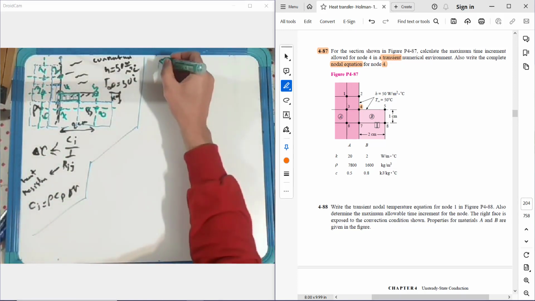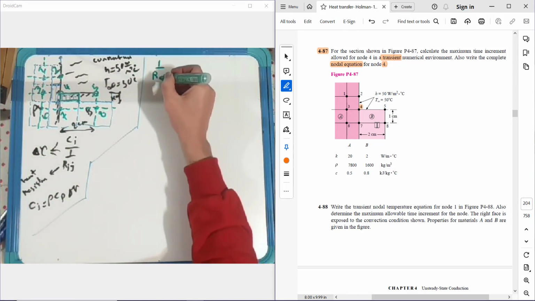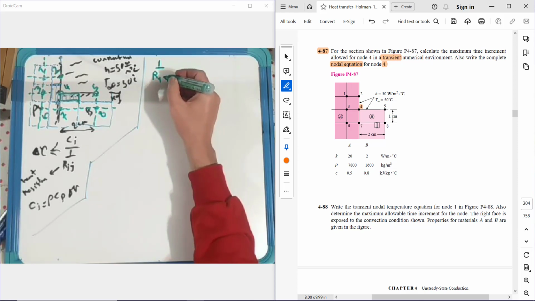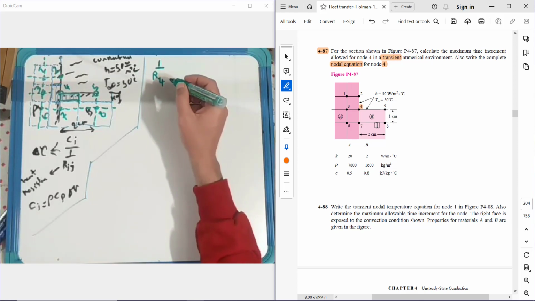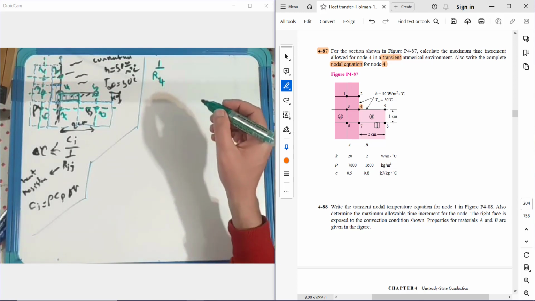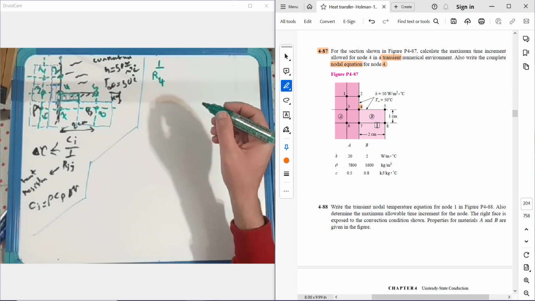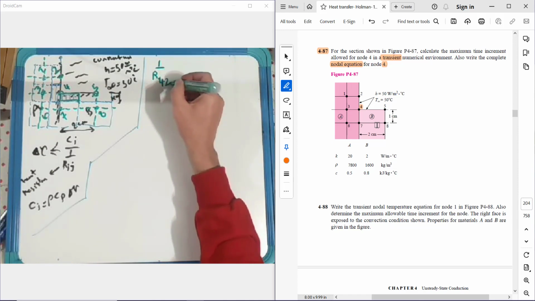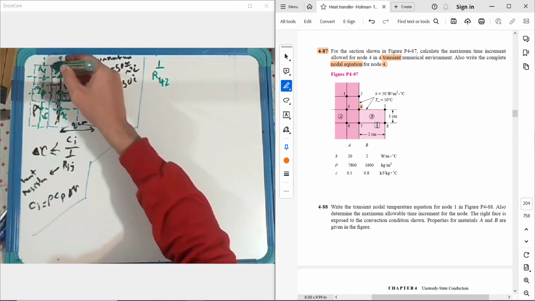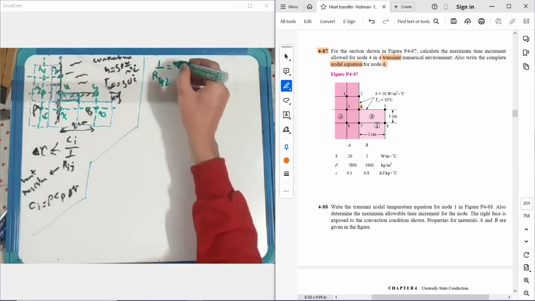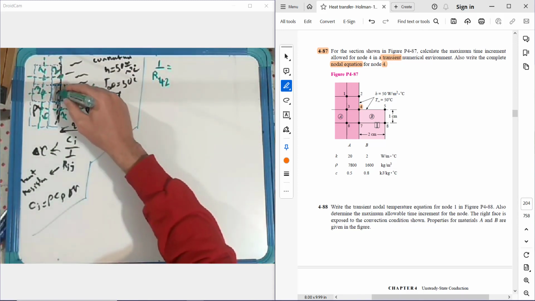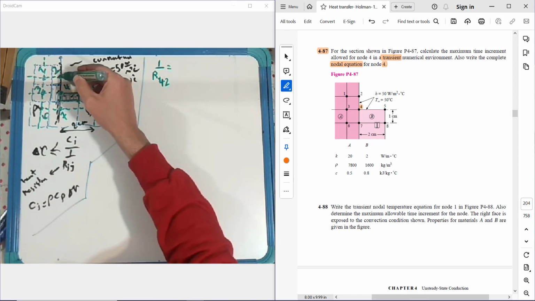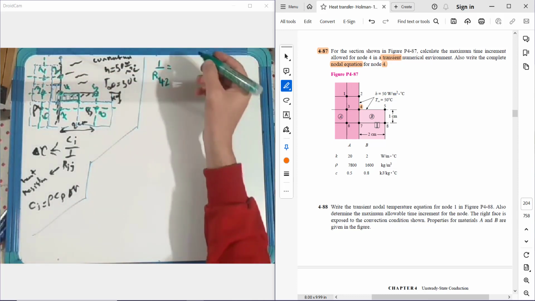First, R from point 4 to 2. We should start with number 2. What do we have between point 4, which is here, and point 2? Conduction, yes.